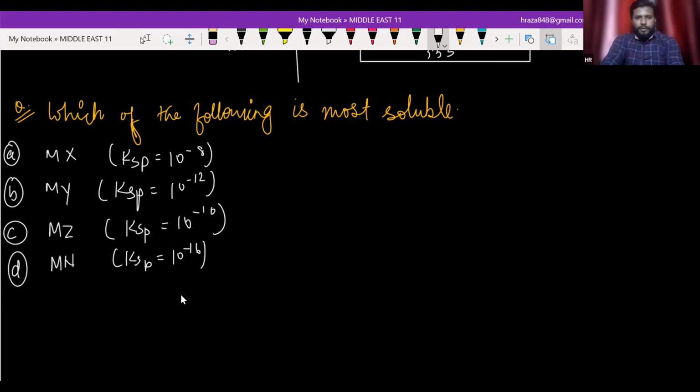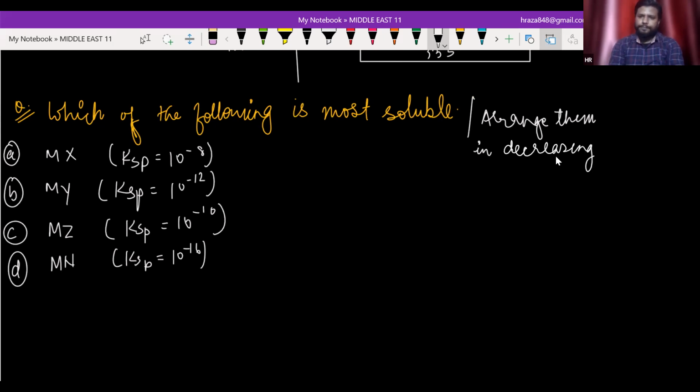Which of the following is most soluble? Or arrange them in decreasing order of solubility.